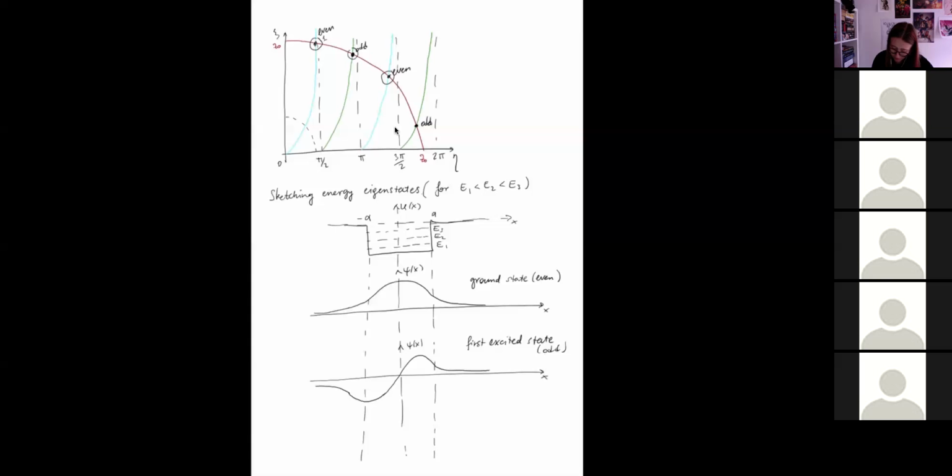And then finally for the third one, I think you already understand how this works. We have a decaying exponential, then a cosine with a higher frequency, then a decaying exponential again. So it's the second excited state, which is even, and so on.